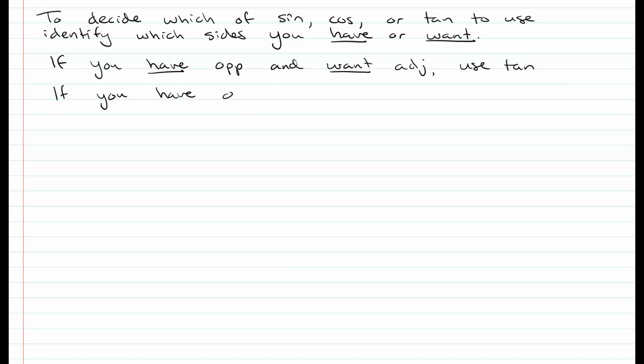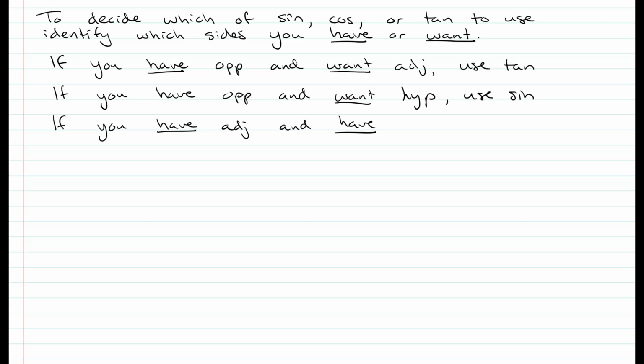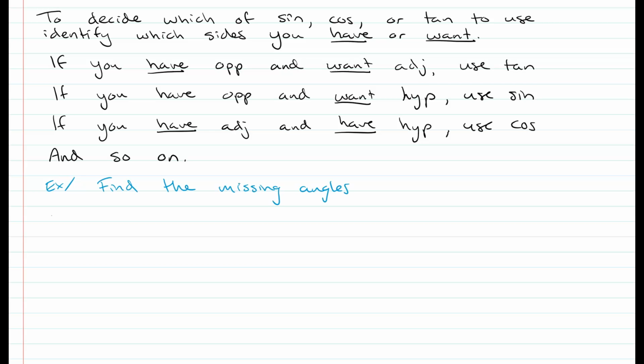If you have a number for the opposite and you want to find the hypotenuse, we're going to use the sine ratio. But if you have the adjacent and you also have a number for the hypotenuse, then that's going to involve the cosine ratio. It doesn't matter if you're saying have or want, but if you're looking for what things you have and or want, which two sides are involved.